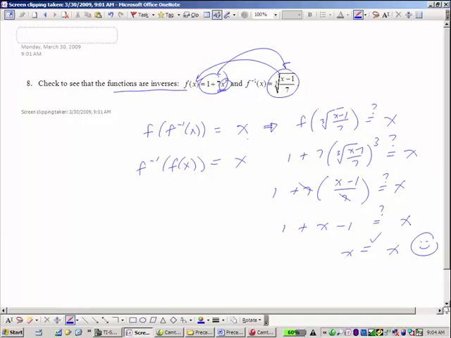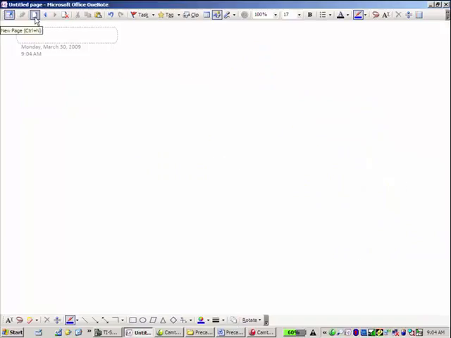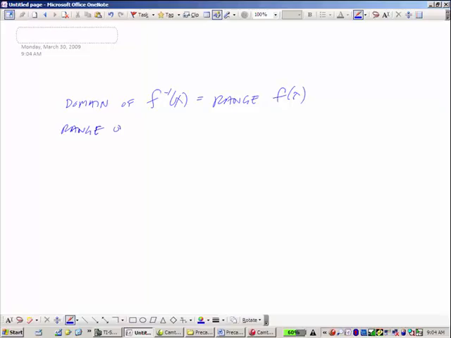I just want to remind you, I think from last year, that the domain of the inverse of a function is equal to the range of the function, and the range of the inverse function is equal to the domain of the function.